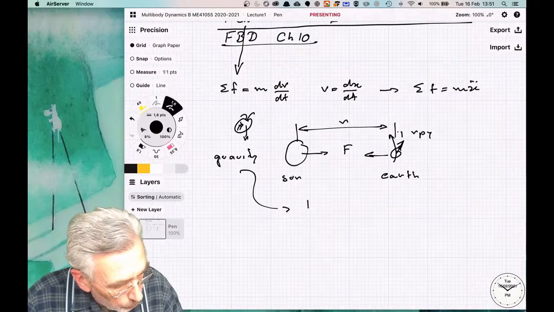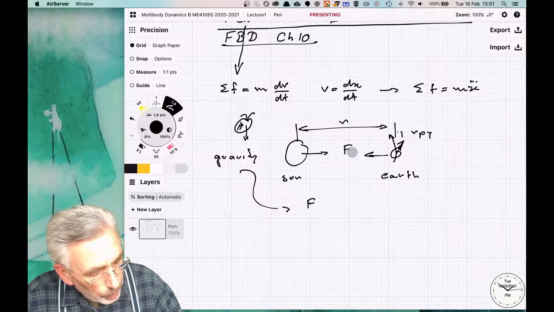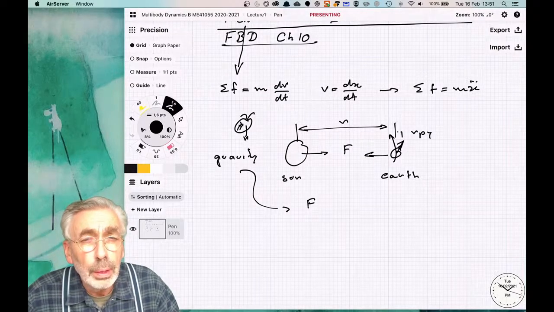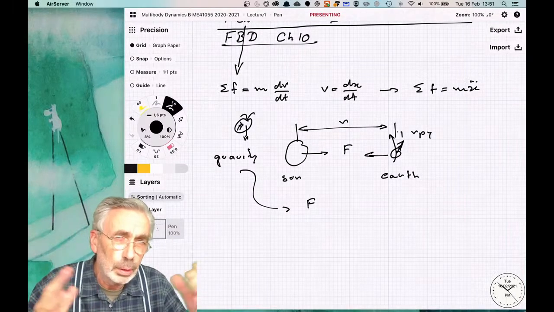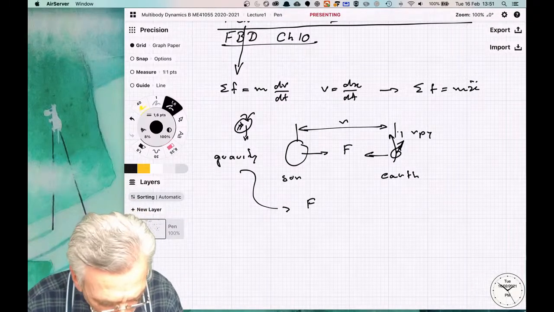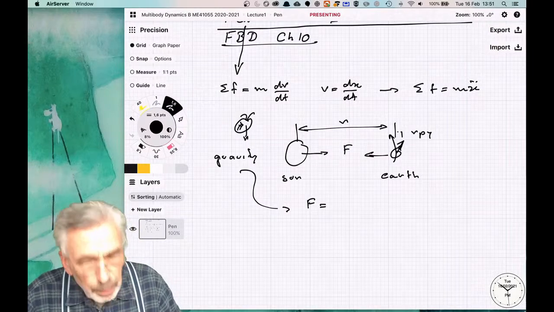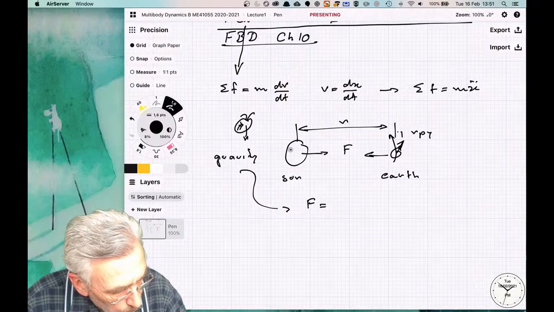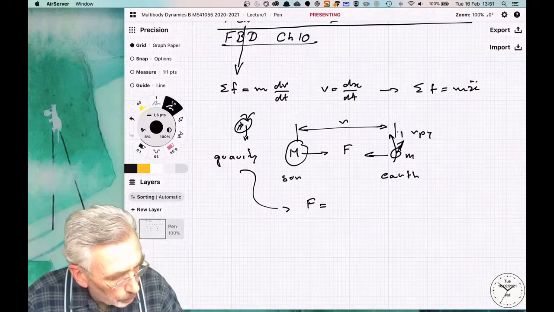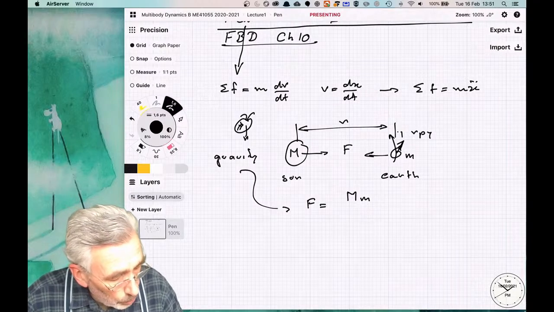It is that the force, and again here is a Newtonian law, because this force pulling on the Earth is the same as the force pulling on the Sun, the gravity force, and they're equal in size but opposite in direction. That's law 1, 2, 3, I don't remember which one. Check that out. How big is the gravity force? It has something to do with the mass of the Sun and the mass of the Earth, and it's linear in both. It has something to do with the distance.